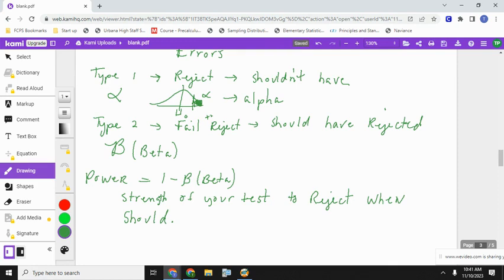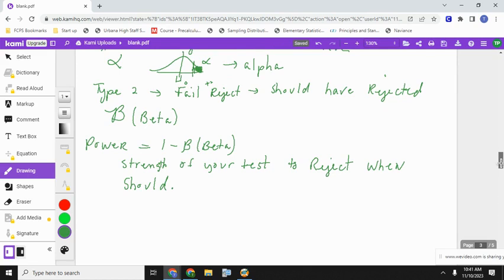Okay, what that means is that if your type 2 error is 10%, that would be your beta, then power is 90%. That means there's a 90% chance of you rejecting when you should, that you did the problem right and you rejected and you should have rejected.